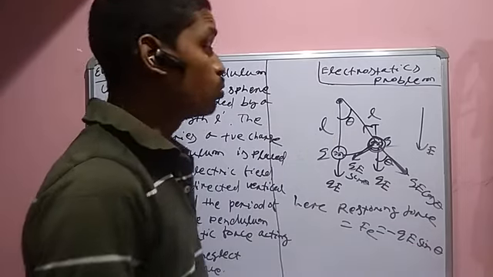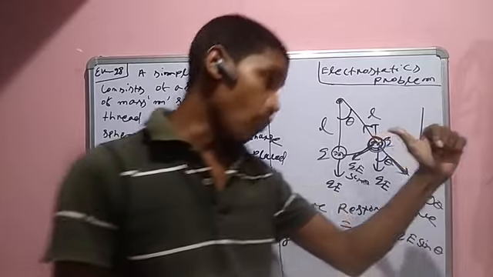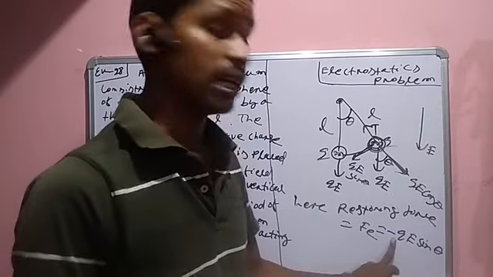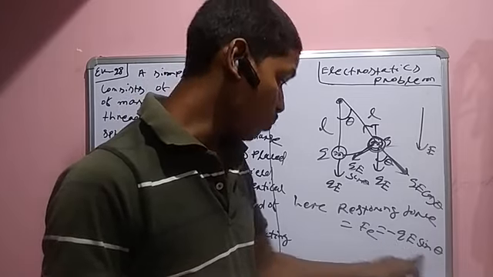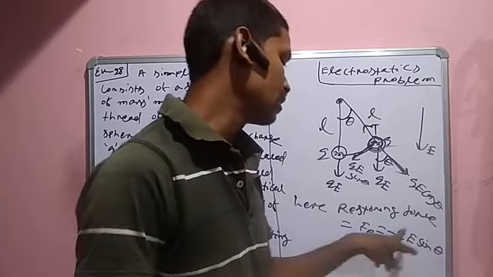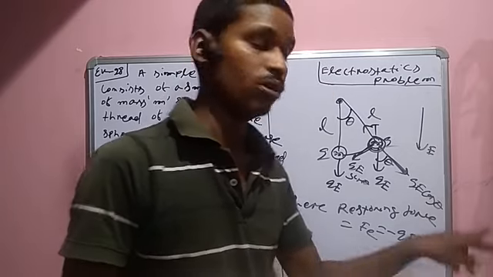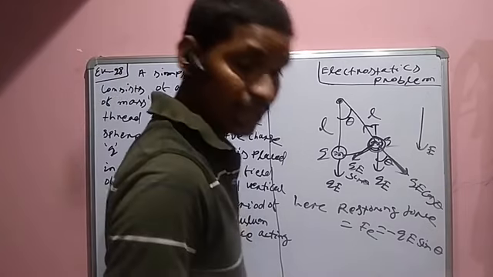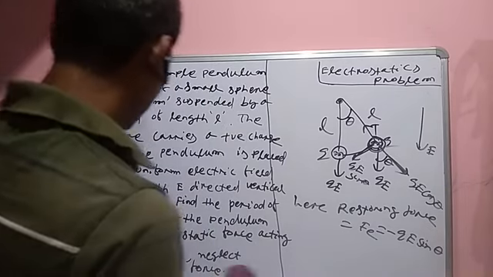The minus sign is there because the force tries to bring the body back to the mean position, so it is a restoring force and acts on the negative side. That is why this electrostatic force is also the restoring force, and that is why the negative sign is present. Yes or no? So Fe is equal to minus QE sin theta.